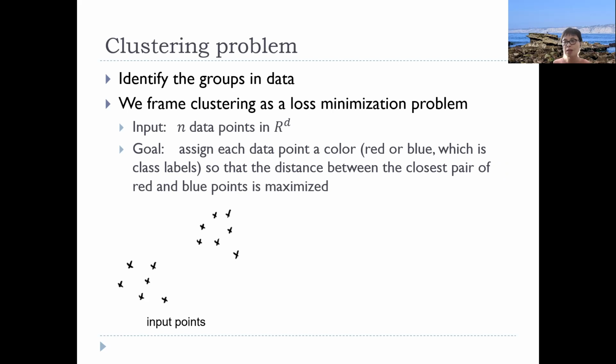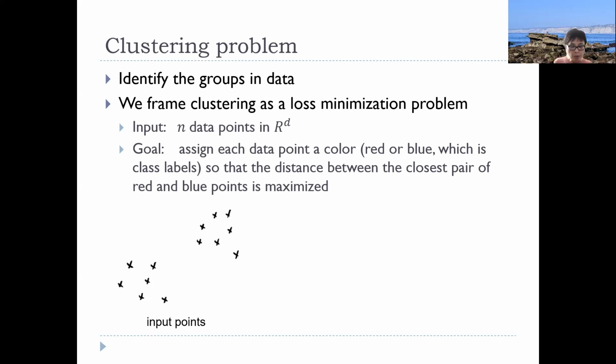Let's say each point represents the record of some person, like the age, the student's ID, different dimensions, different measurements. And the goal of clustering is to identify the groups in data, the so-called clusters.